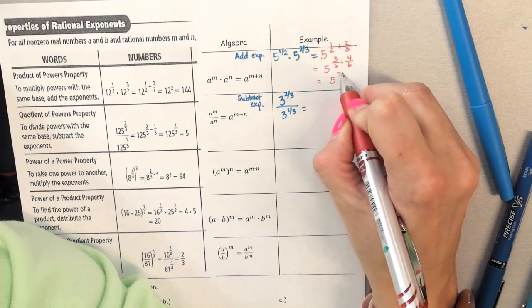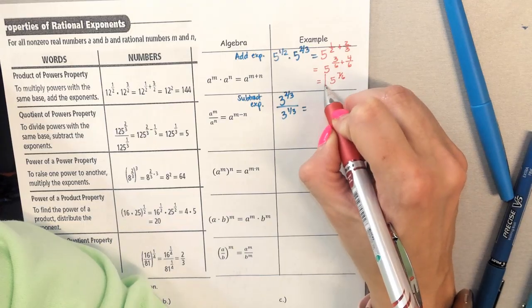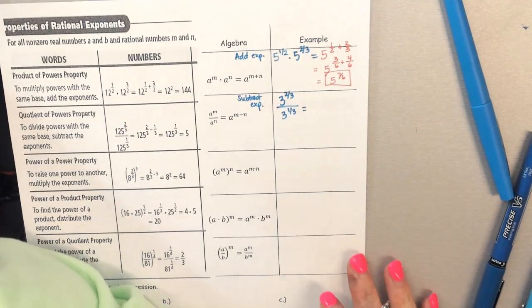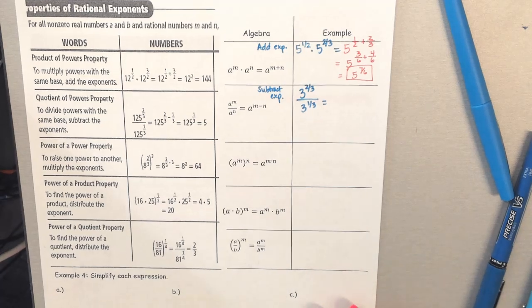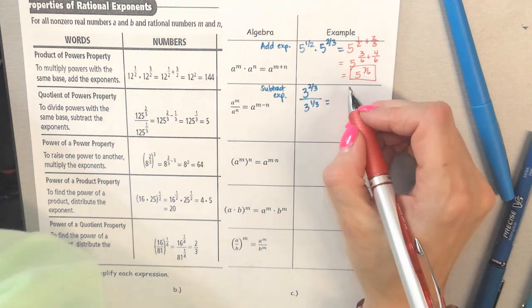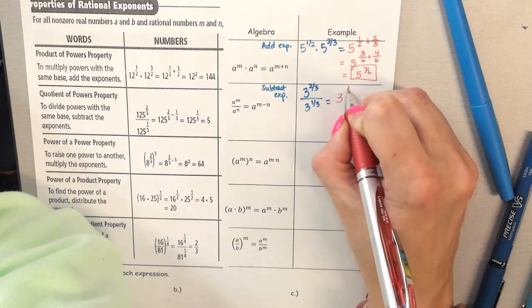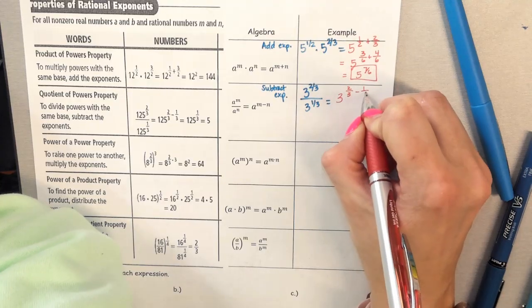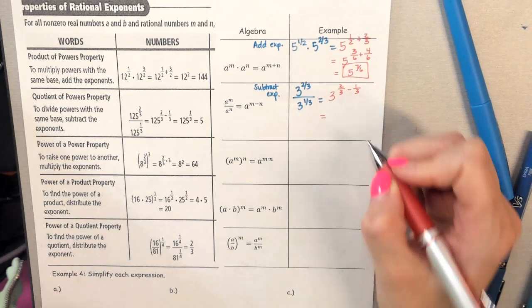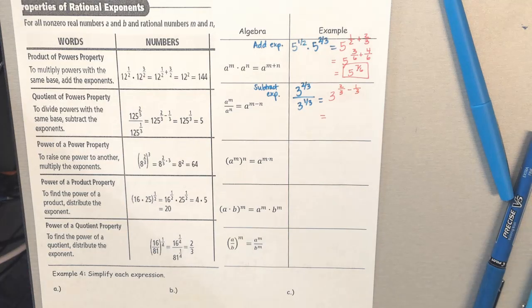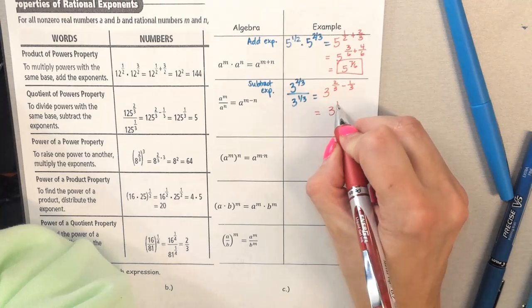Okay, so this is going to be 7 over 6. Don't get it twisted, 7 over 6. Okay, and then the 2/3 minus the 1/3. Now that one's nice because you already have a common denominator, right? So it's just going to be 3 to the 1/3.